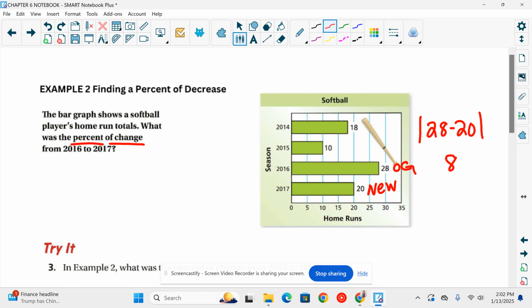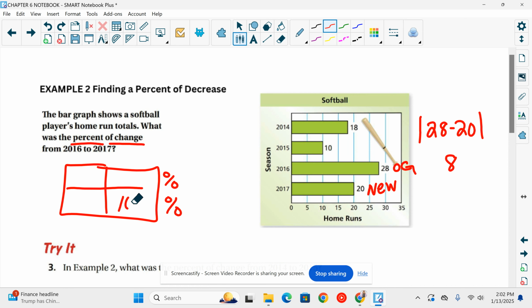So when I put it in the box, I've got change over original. What did we say the change was? 8. And the original was 28. And I'm trying to find the percent because it said what percent. Now here it doesn't tell us what to round it to, does it?